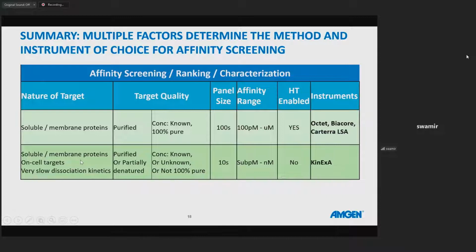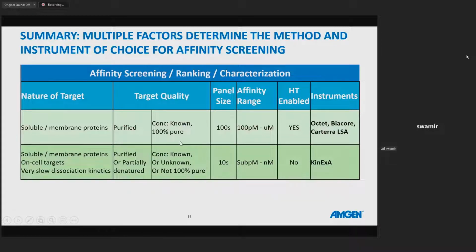The same soluble targets, but if the concentration is not known or only partially native, and/or if they have very slow dissociation kinetics, and if the number is low, then we use KinExA to measure the affinity in the sub-picomolar to nanomolar range.